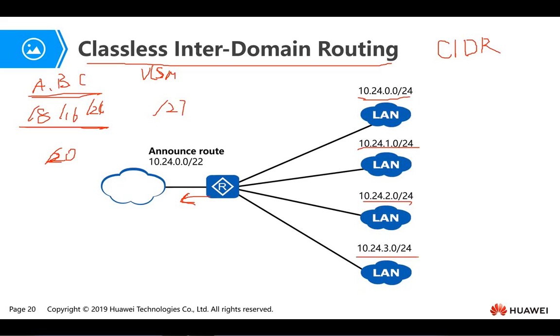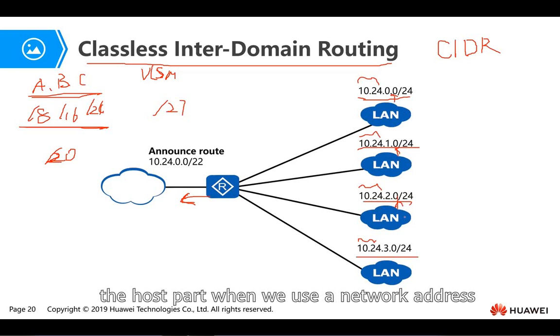For example, in this scenario, there are 4 networks. Of course, the first 2 bytes are the same, and the last byte is the host part, which is always 0 when we use a network address.